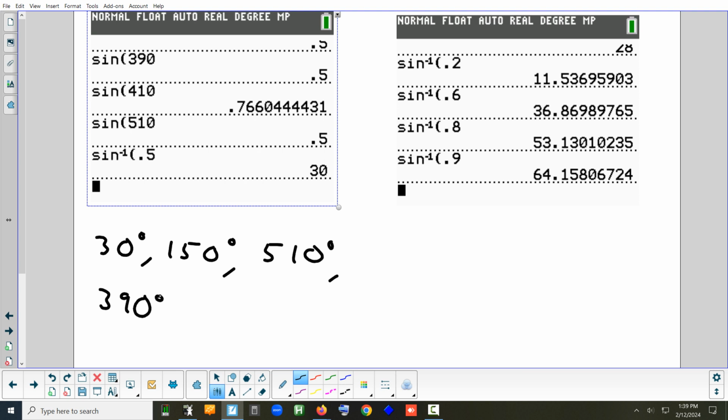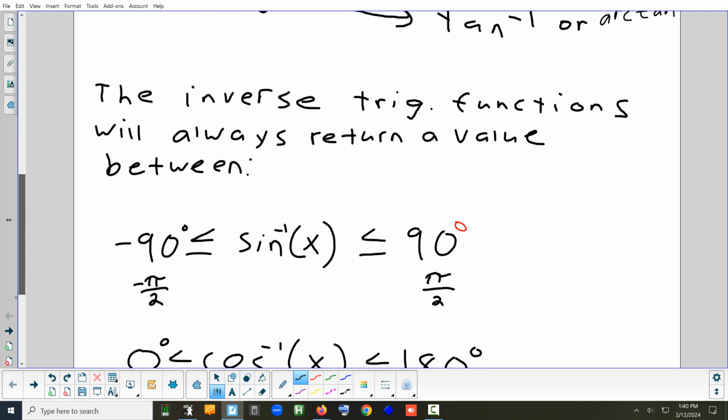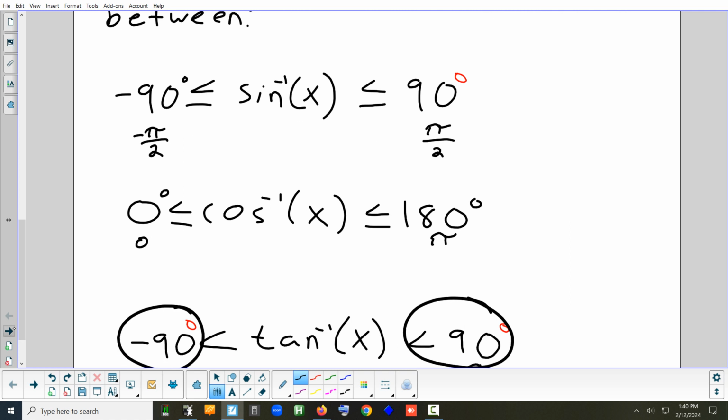These could all be possible answers when you do the inverse sine of 0.5. But that's the one we got. How many answers in this box are between negative 90 and 90? Just one.